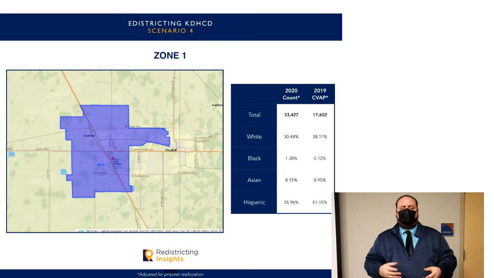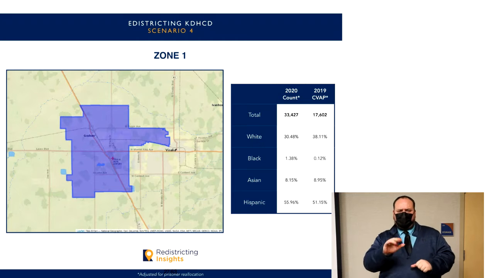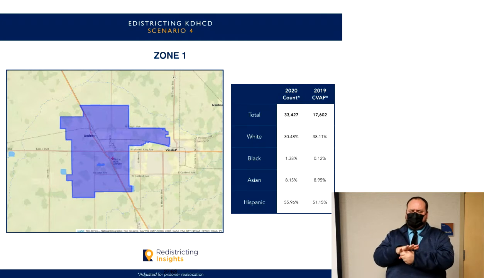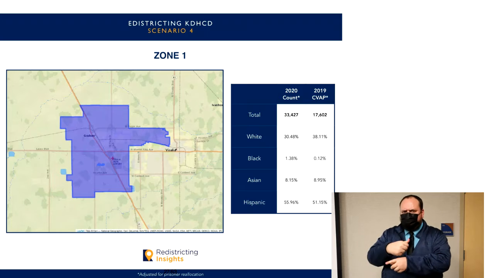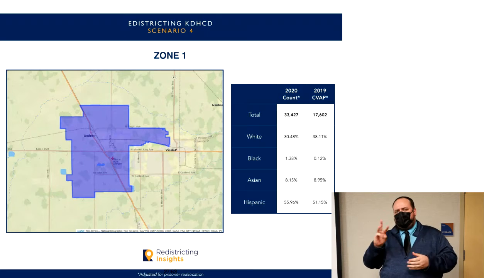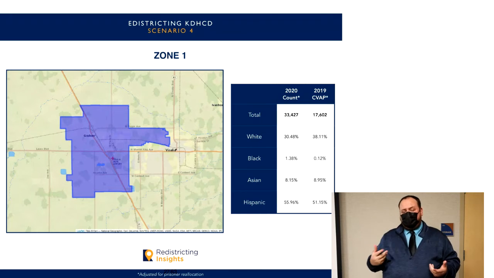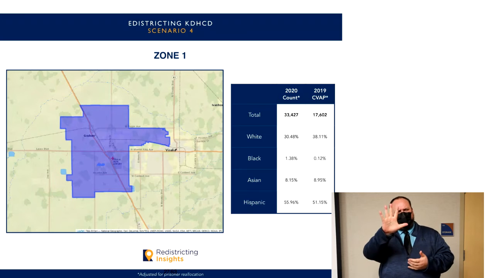And then we have this one labeled District 1, taking up the western part of the district. You can see this one takes in all of Goshen and then stretches into the northern part of Visalia, the northwestern part, to achieve its population. We get 0.93% over. And this one is also, I believe, 51.15% Hispanic CVAP.